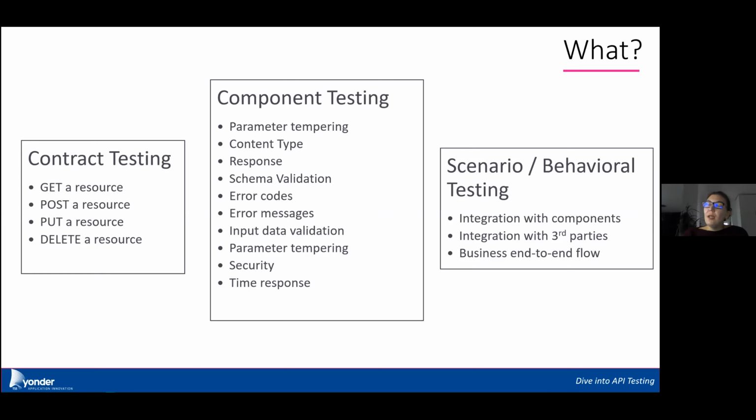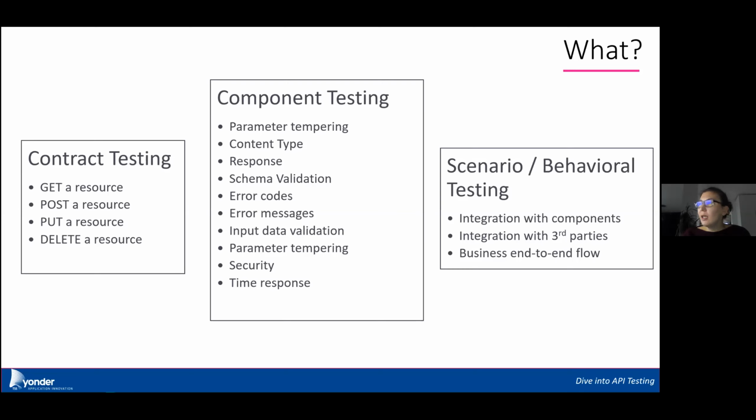So whether we look at the parameters, the content type, the response, or error messages, I like to test the endpoint in detail. And of course, at the end, not the least, will be the scenarios.